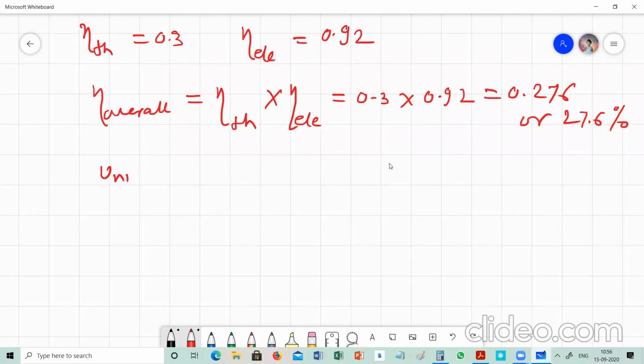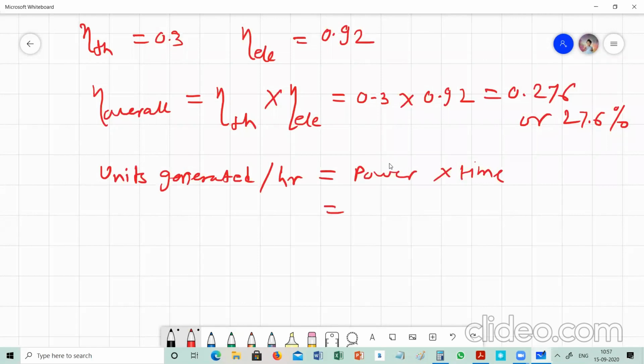Using this information we can calculate energy, the number of units generated. So units generated per hour is equal to power into time. Energy is nothing but power into time, and we have to calculate energy in an hour.